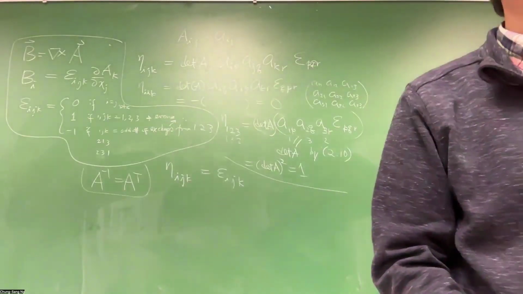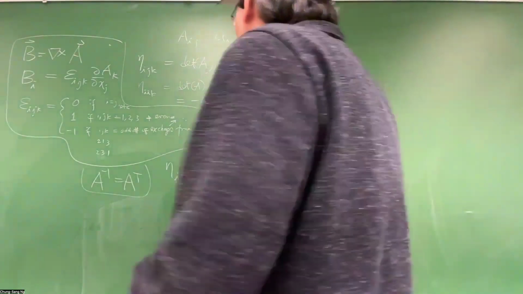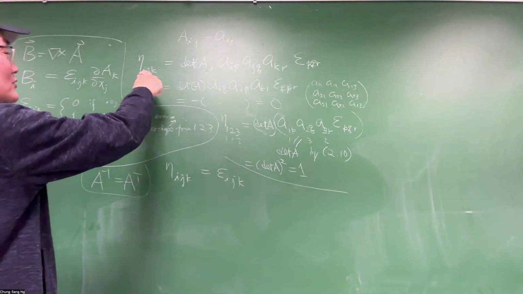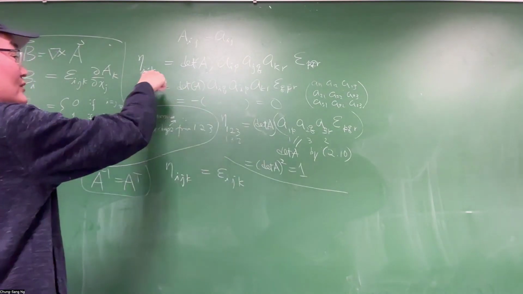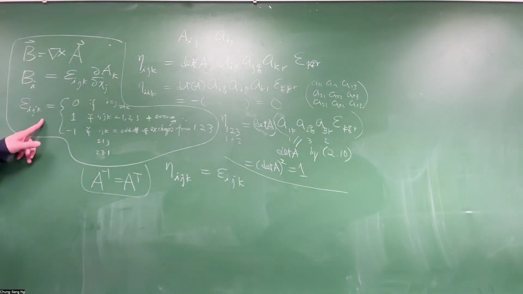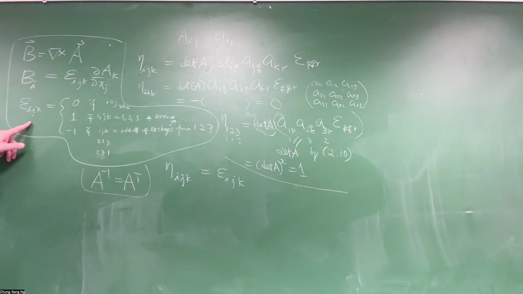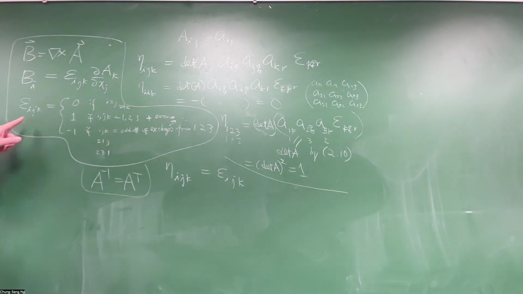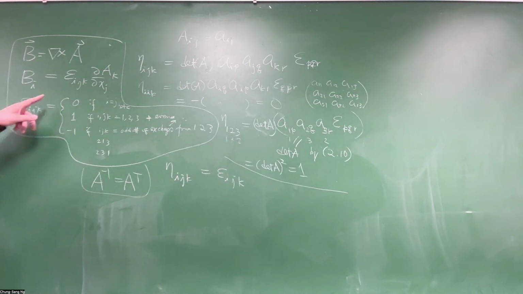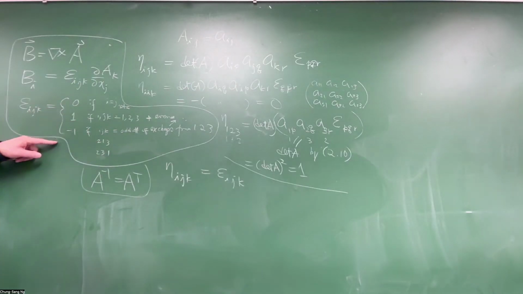Is that okay? It combines everything, all the considerations, to show that this object defined like that is just the same as this epsilon ijk as defined in here. First, we define this object, which is just a symbol, just a notation, to calculate this object, which has 3 indices, and it satisfies all these rules. So for all these different cases, it takes different values.